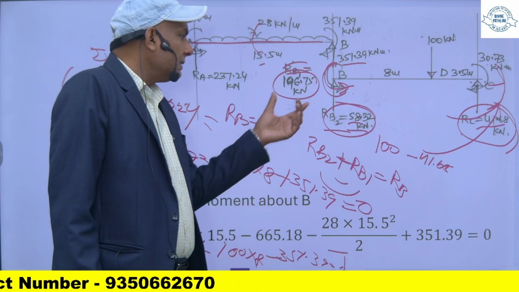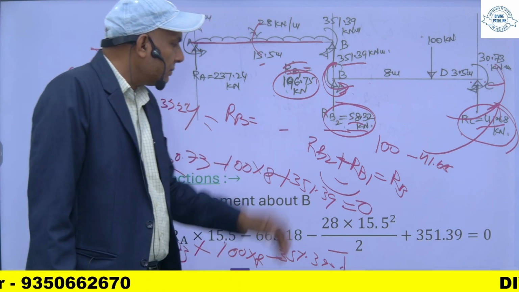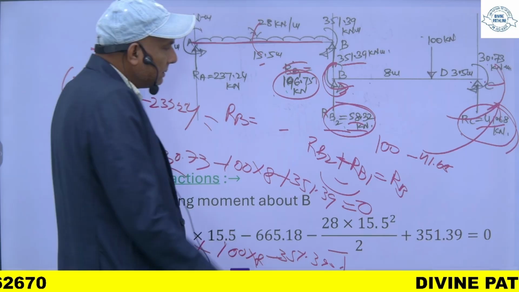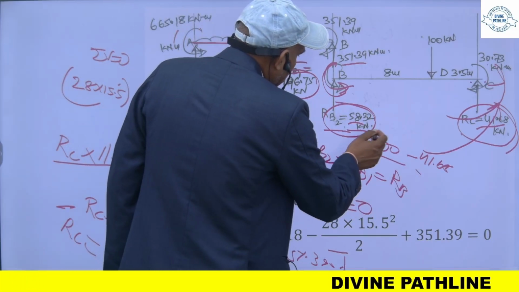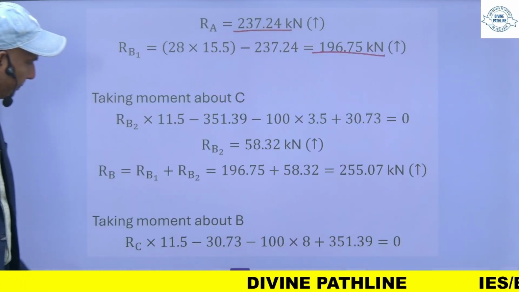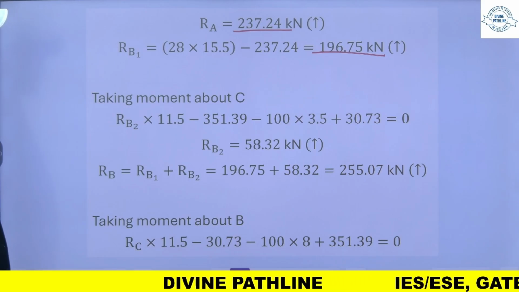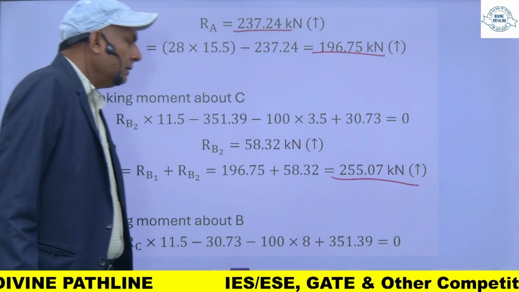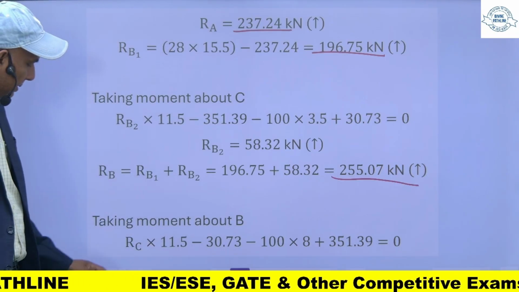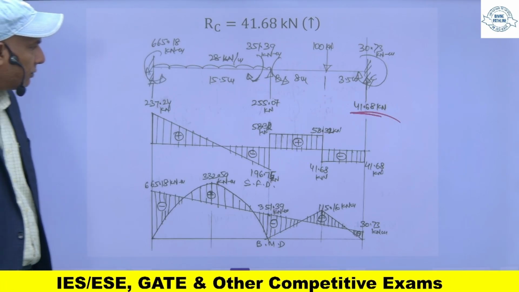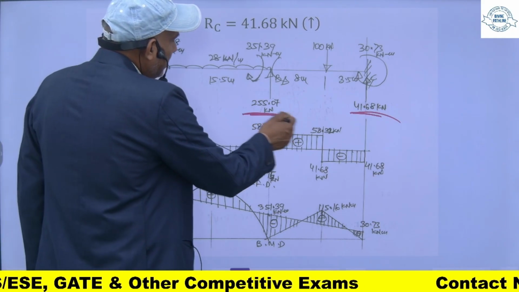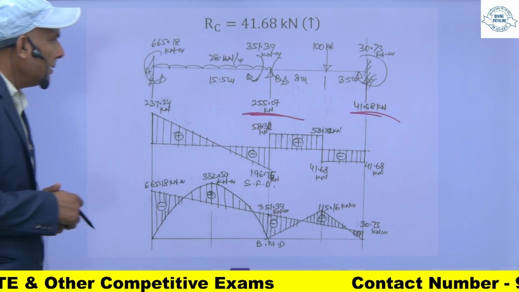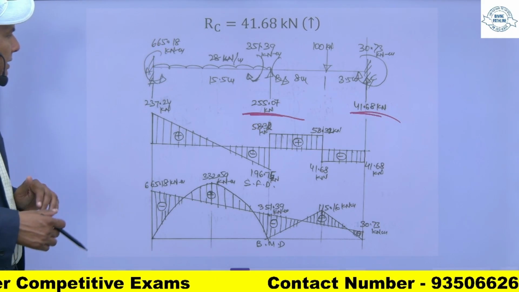Now this RB is equal to RB1 plus RB2 and you will get this RB will be 255.07 kilonewton. So you will get this total load, this is 255.07 kilonewton.